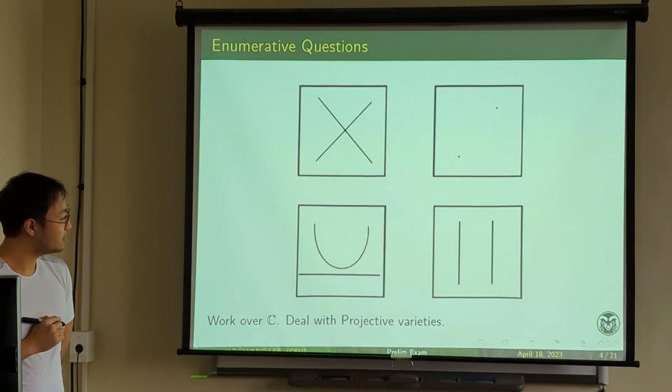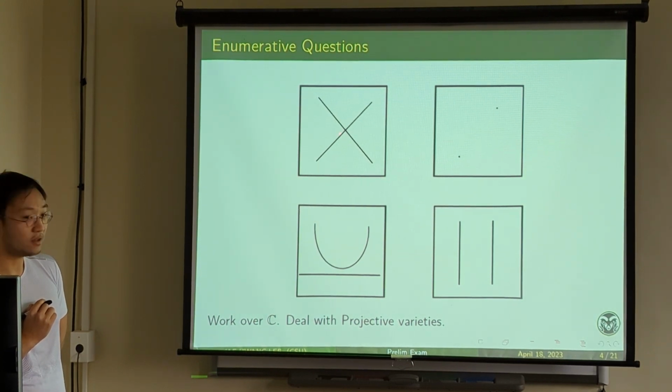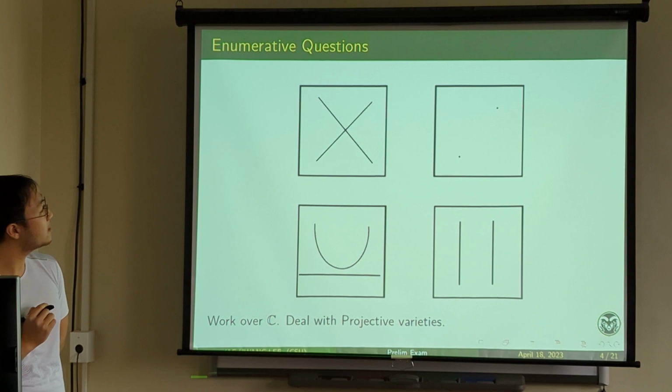Now here is a basic enumerative geometry question. How many points are in the intersection of these two lines? You can see there is an obvious answer, which is 1. And how many lines pass through these two points?